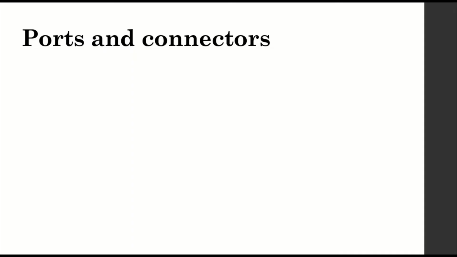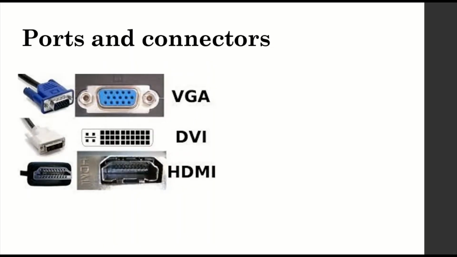So a computer also has ports and connectors. Well, a port is where the cable is connected. Let's say on the top image on the left, this is the cable which is coming from a projector or from a screen that uses the VGA technology.